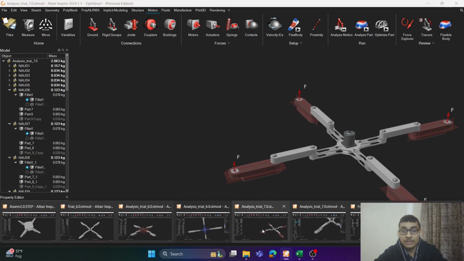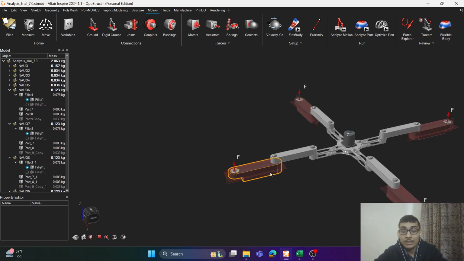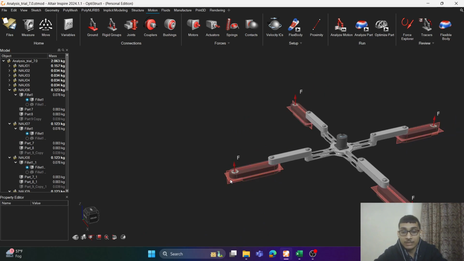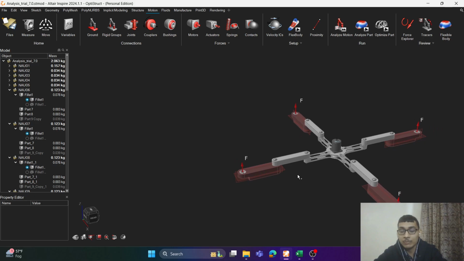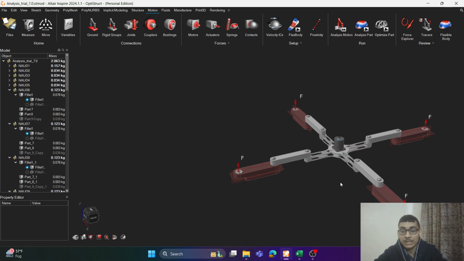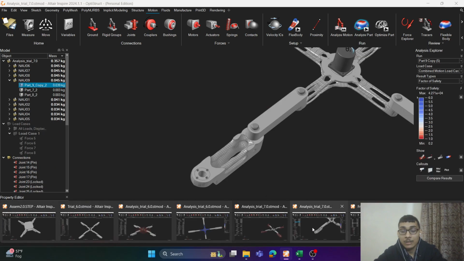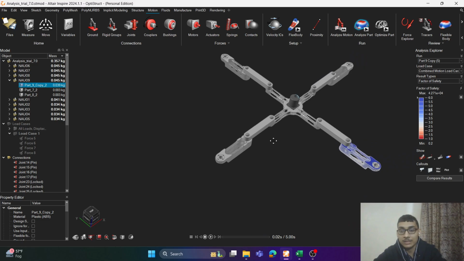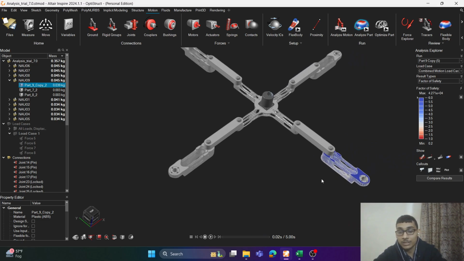Going forward with the slider, in the slider I have made the design space and applied the usual planar constraints and have considered the same loads here, the thrust loads and the motion analysis loads. And after doing its maximum stiffness optimization, I am able to get this type of structure here.